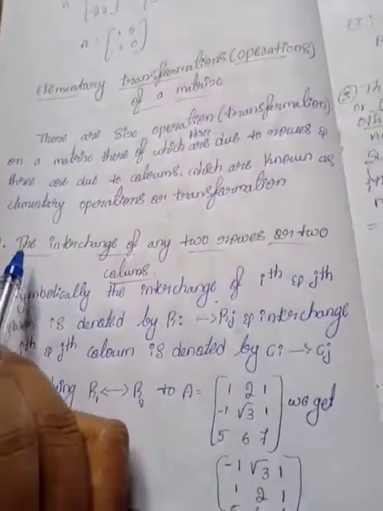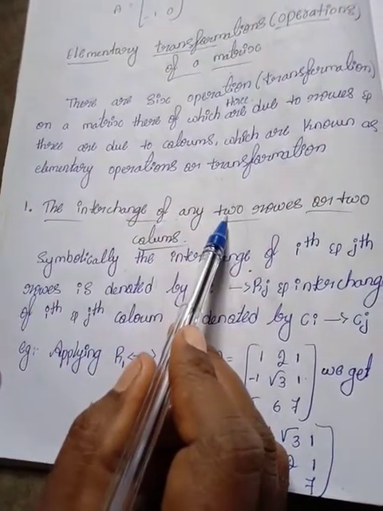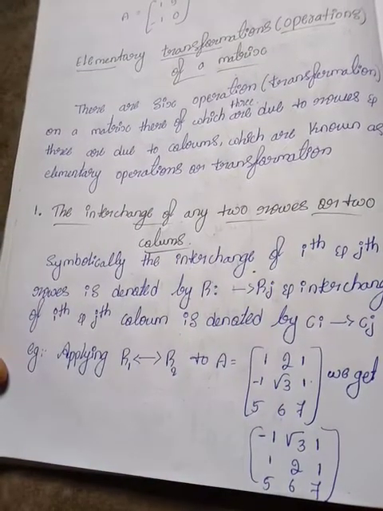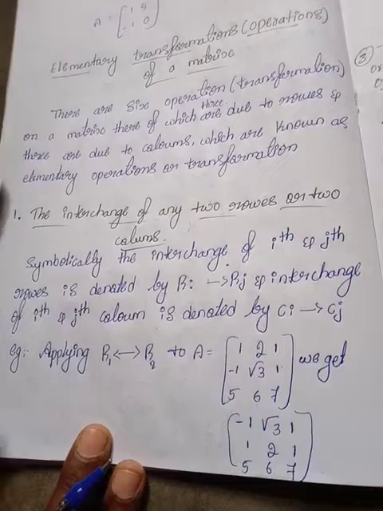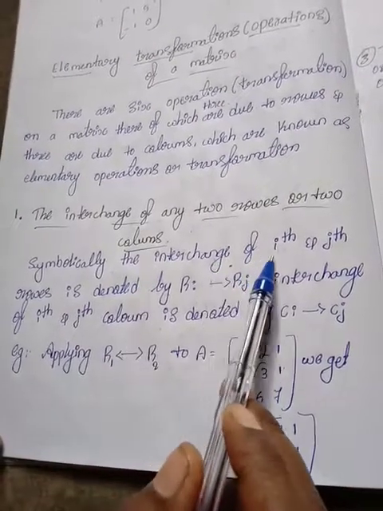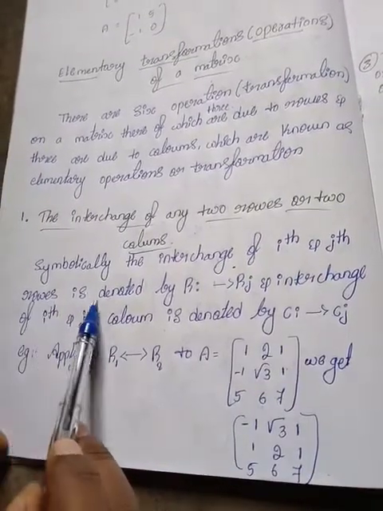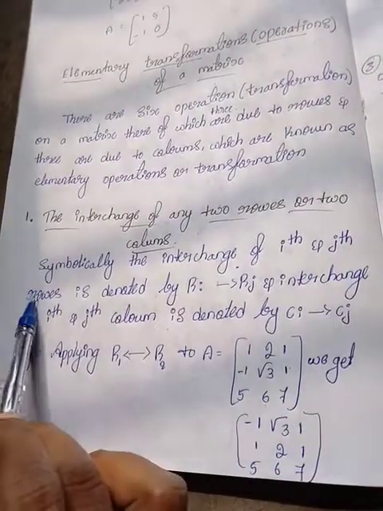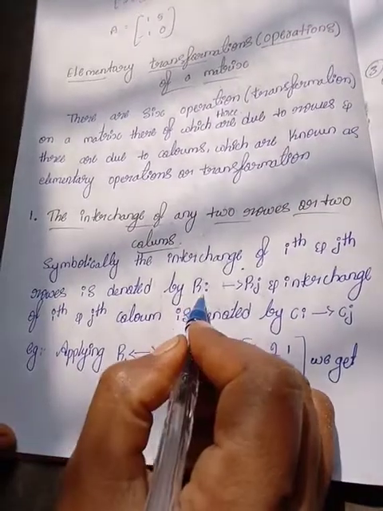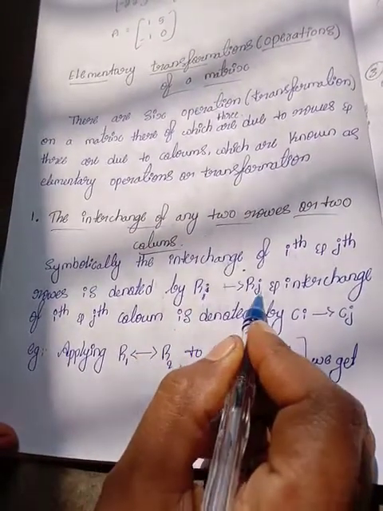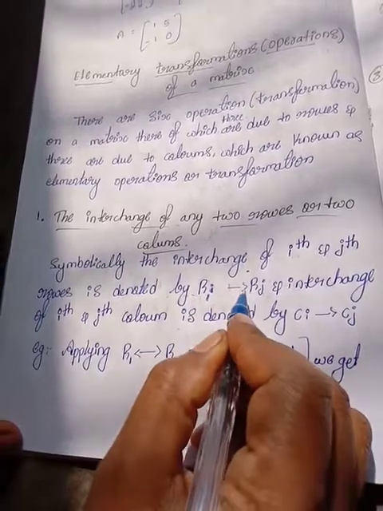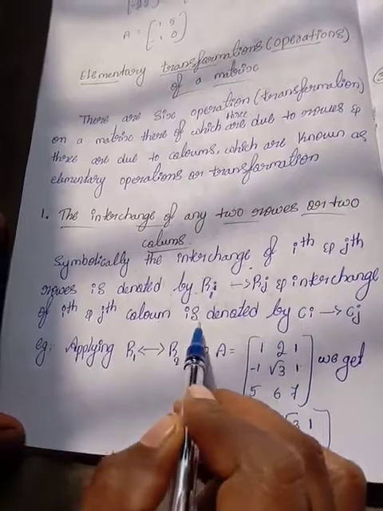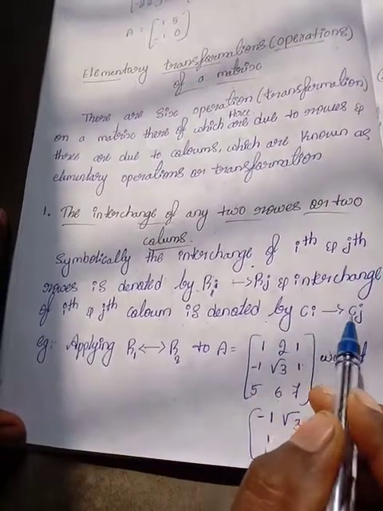Your first step is the interchange of any 2 rows or columns. How to interchange 2 rows or 2 columns? The interchange of ith and jth rows is denoted by Ri to Rj, that is ith row and jth row, and interchanging ith and jth columns is denoted by Ci Cj.